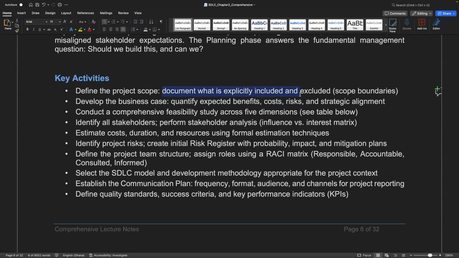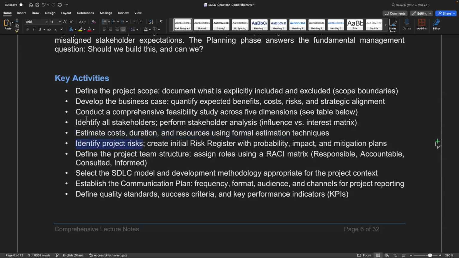So you are going to look at yourself as the customer and at the same time the software engineer. Then you develop the business case, you conduct a feasibility study, which I will show you below, identify all the stakeholders, which means from the customer side and internally, estimate the cost, the duration, the resources that you involve, then identify the project risk.